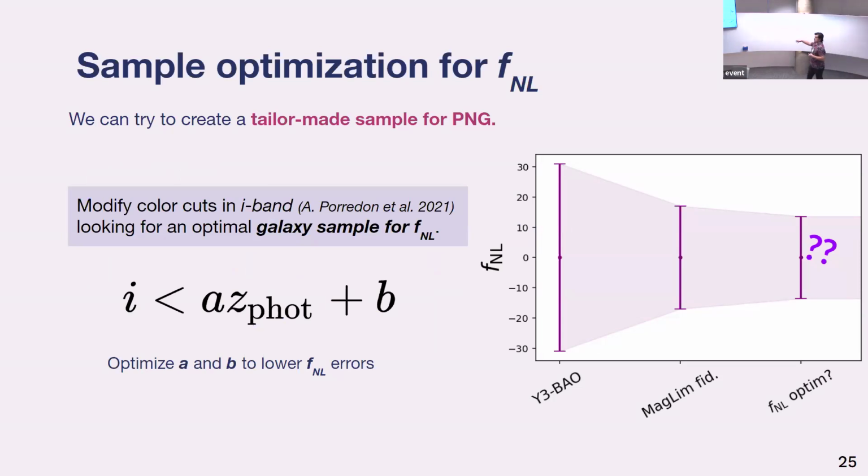This particular selection allows you to select a higher number density of objects at high redshift. And the idea is that we can try to move both A and B in the selection of the galaxy sample and see how this changes the error bars for FNL.